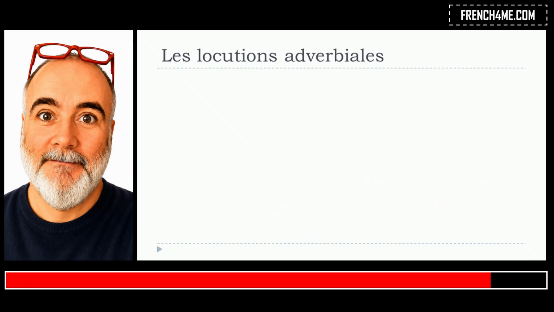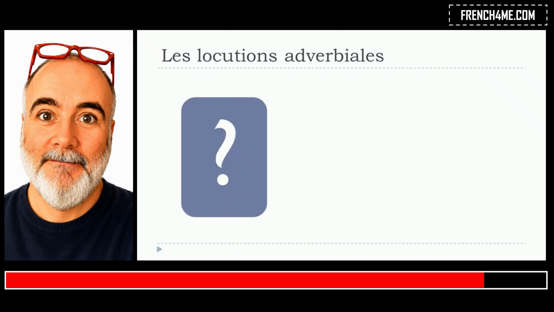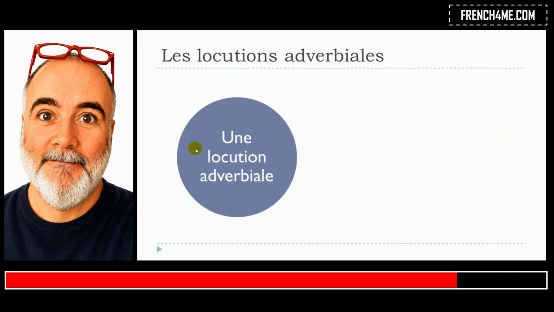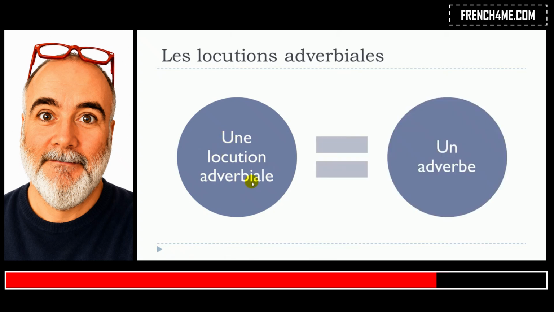Okay, but then the first thing that we've got to see is, of course, what are we talking about when we are talking about une locution adverbiale? And actually, it's quite simple because une locution adverbiale is a group of words that altogether will be used as an adverb, okay? So that's exactly what we will use une locution adverbiale for.